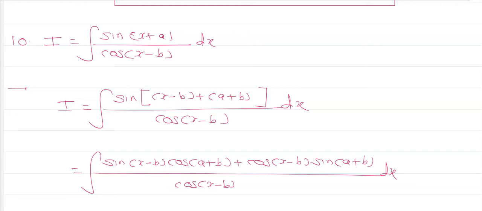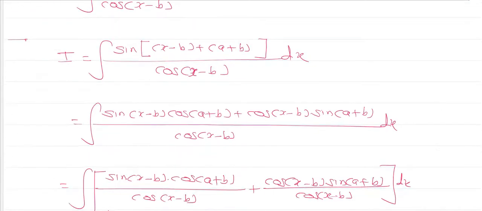That is, we will adjust here the term x - b. Sine of (x - b) + (a + b). Now we'll expand the sine of a + b. What's its expansion? Sin a into cos b plus cos a into sin b.